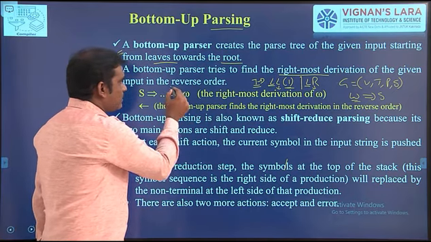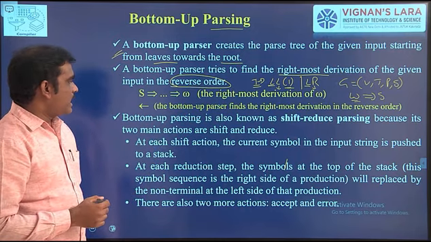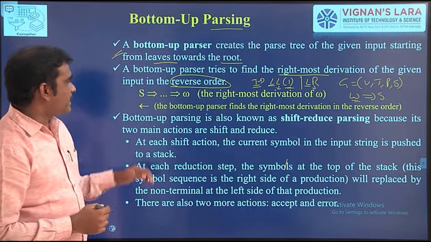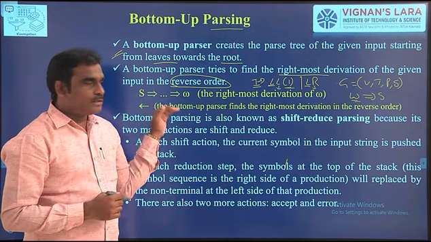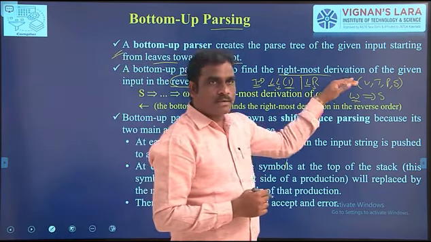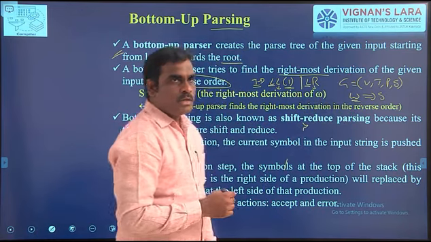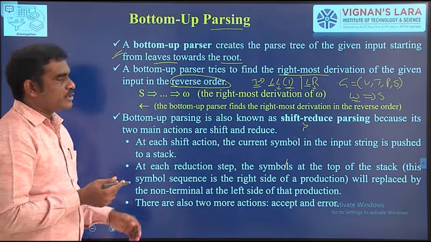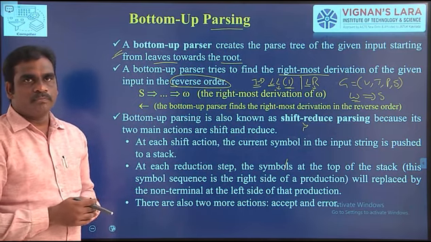Here we are using the rightmost derivation. We will see what is meant by reverse. This is the approach. The given one is grammar and we need to derive the input string W. In the derivation process we have two types, leftmost and rightmost.